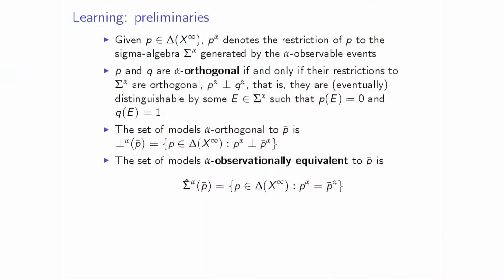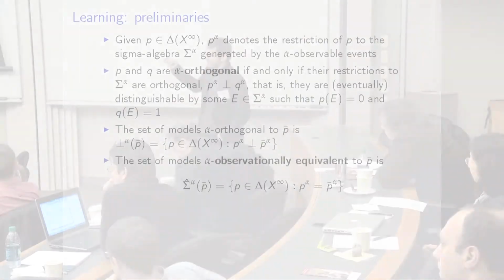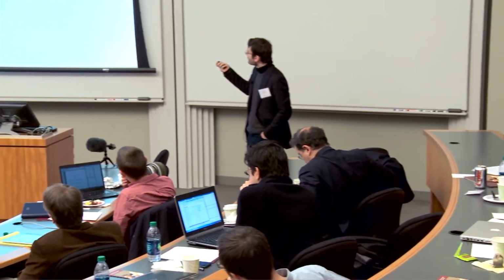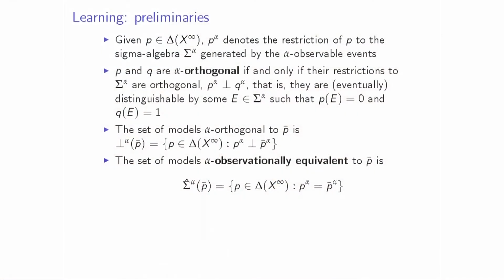So, learning. Yes, thank you. We will denote by P alpha the probabilities restricted to the algebra of alpha observable events, that is, the events that can be observed by playing strategy alpha. We will say that two models are alpha orthogonal if they are eventually distinguishable, so they are orthogonal when restricted to sigma alpha.